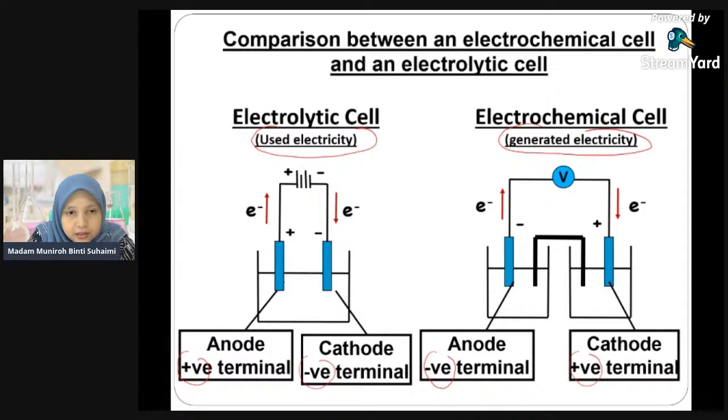For the electrolytic cell, we only have one electrolyte, with two electrodes immersed in it. For the electrochemical cell, we have two electrolytes, and we have a salt bridge.